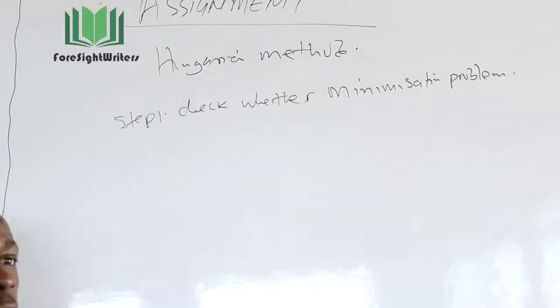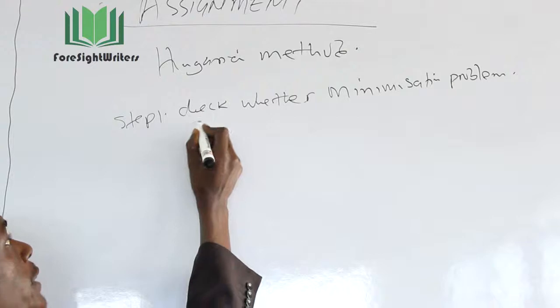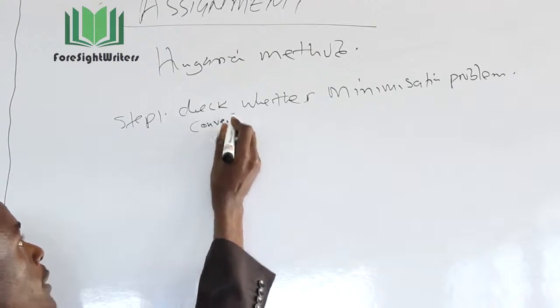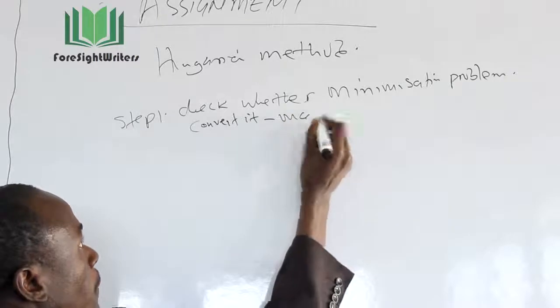That does not mean that we cannot find a case whereby we have been given a case of maximization. If it is maximization, the steps indicate that you need to convert it to minimization.